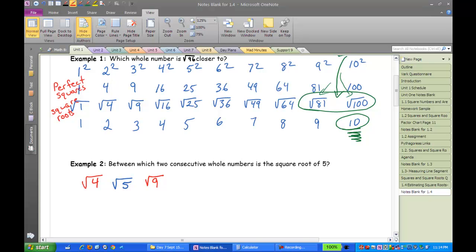So what two consecutive whole numbers is the square root of 5 between? The square root of 4 is 2, and the square root of 9 is 3. So the square root of 5 is between 2 and 3.